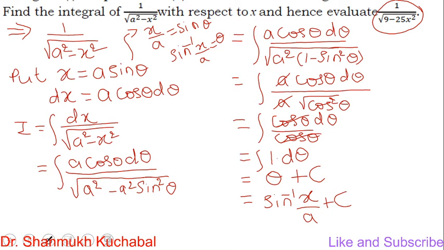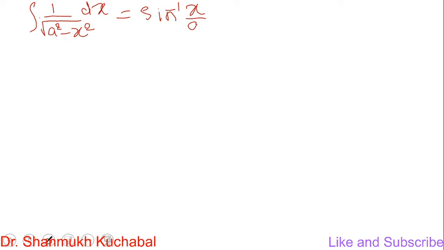Now we have to evaluate the given integral, 1 divided by under the square root of 9 minus 25 x square. Once again I am writing the formula: integral of 1 divided by root of a square minus x square dx equals sine inverse x by a plus c.